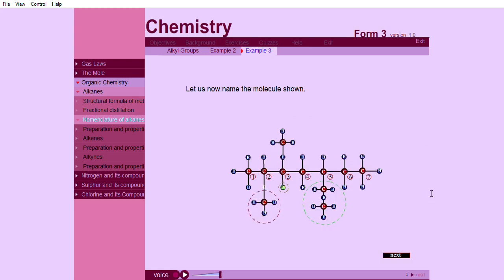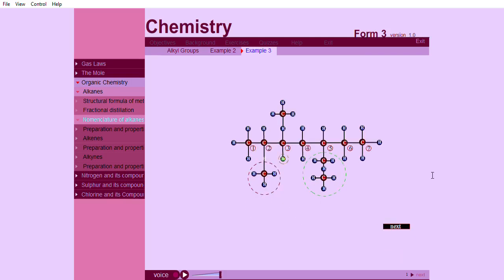Step 1. Count the longest carbon chain to get the parent name. This is a heptane. Step 2. Identify the branches. These are methyl, CH3, at carbon 2, bromo, Br, at carbon 3, and ethyl, C2H5, at carbon 4.